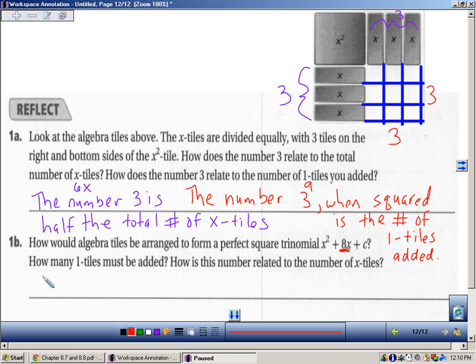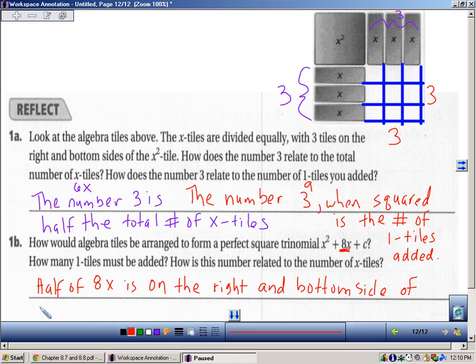So how would the tiles be arranged? You'd have to place half of 8x on the right and bottom side of the x squared tile.